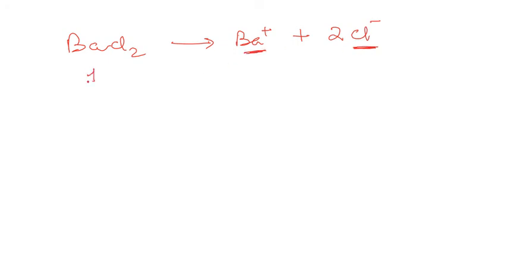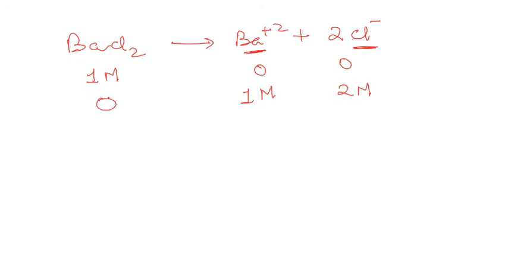If we take some more examples, let's say barium chloride. It will dissociate and break into 1 barium and 2 chloride. So if we had 1 molar barium chloride, we'll have 1 molar barium ion and 2 molar chloride ion.